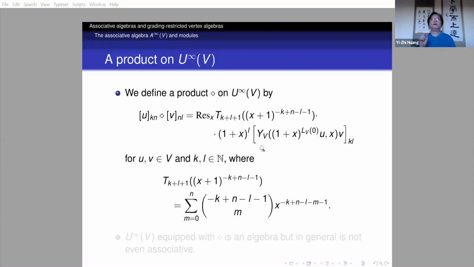Okay, but for Dong-Mason, they apply it to act on higher weight spaces, whereas Zhu's algebra acts only on the lowest weight space. That's the difference, but they only use the 0 mode. Now for this algebra, I want to act on the module to include all the different modes.